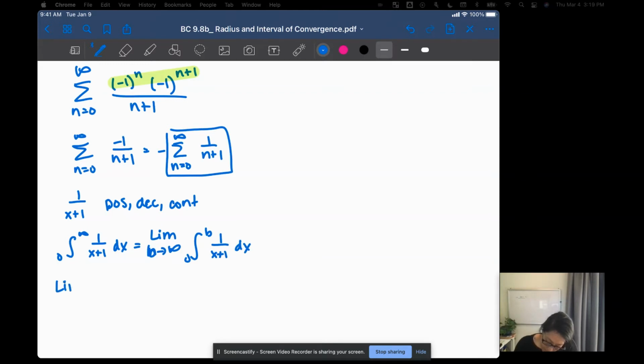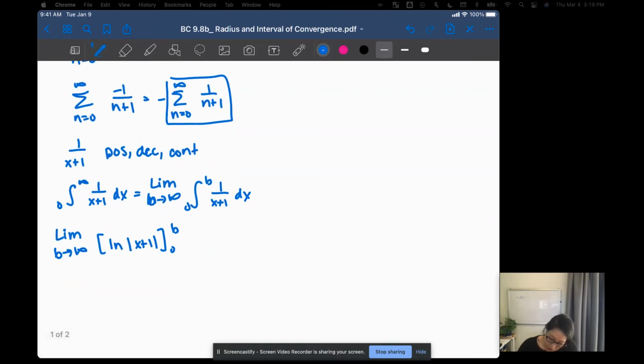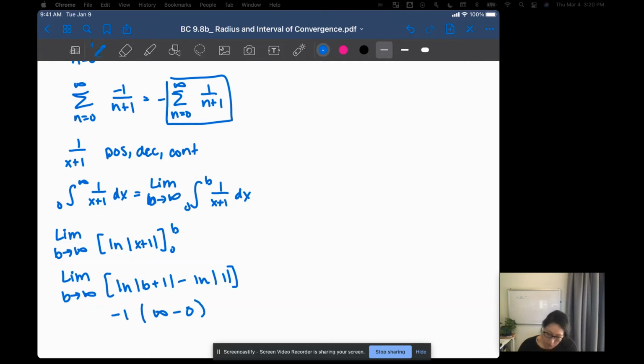The limit as b approaches infinity of the ln of the absolute value of x plus 1, from 0 to b. So we get the limit as b approaches infinity of the ln of the absolute value of b plus 1, minus the ln of 1, which is going to give me negative 1 times infinity minus 0.